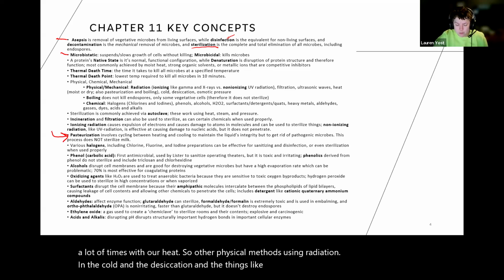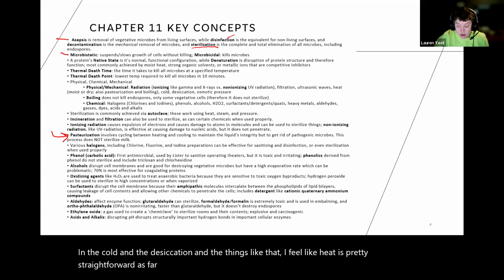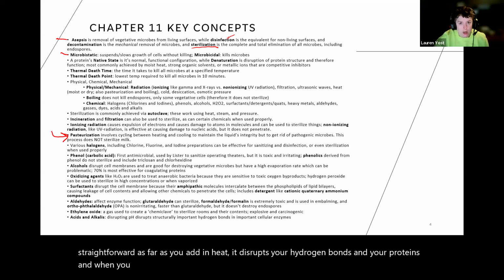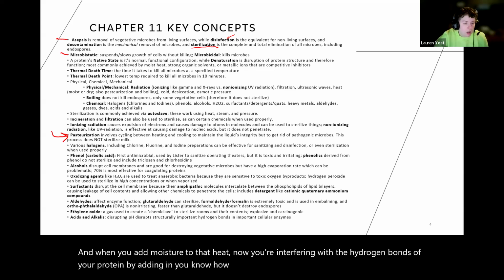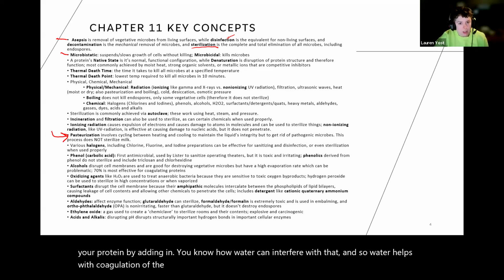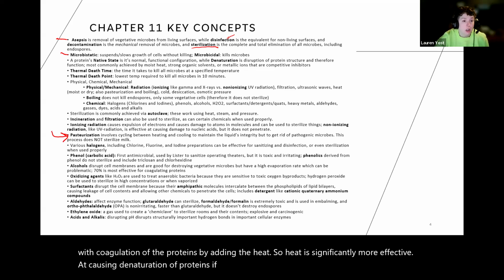I feel like heat is pretty straightforward. You add in heat, it disrupts the hydrogen bonds in your proteins. And when you add moisture to that heat, water can interfere with those hydrogen bonds too, and water helps with coagulation of the proteins. So heat is very, very significantly more effective at causing denaturation of proteins if you add moisture in.